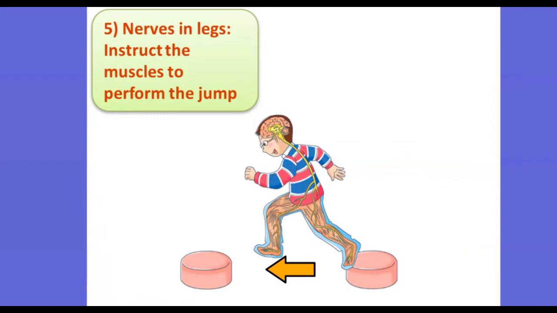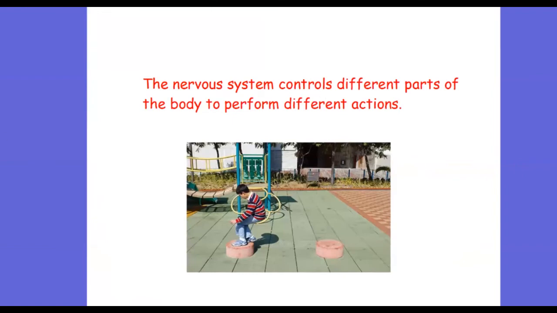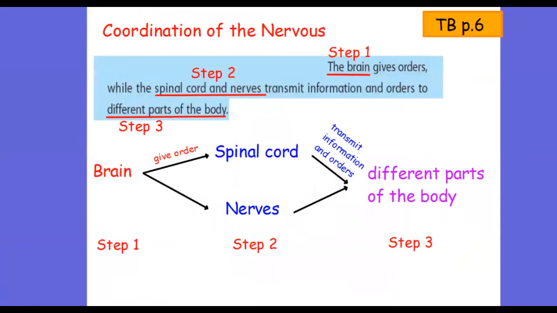It seems very complicated for the whole process, but actually it is very quick, because our brain is really, really smart. We have to know that the nervous system controls different parts of the body to perform different actions. We can also take a look at this graph. Step 1, we have the brain.